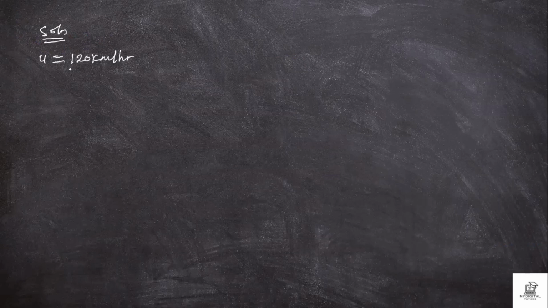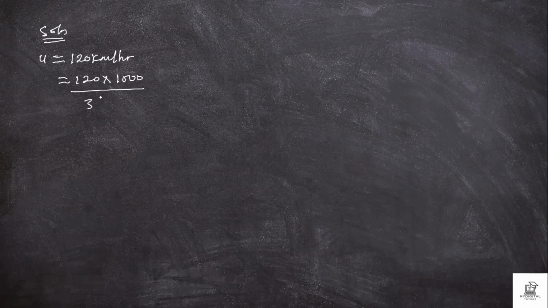So when you have this, the first thing you do is to convert to meters per second. So that will be equal to 120 multiplied by kilometer. To convert kilometer to meter is by 1,000. Then per, that is over, hour. To convert hour to second is 3,600.